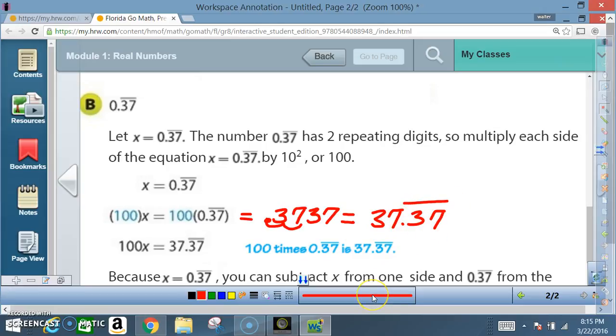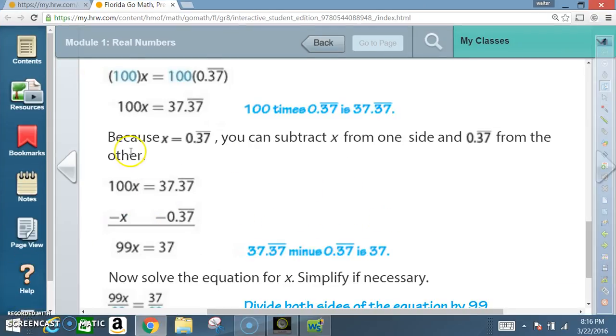Of course, that's still repeating. Because x is equal to 0.37 repeating, you can subtract x from one side and 0.37 repeating from the other side. So 100x is equal to 37.37 repeating.